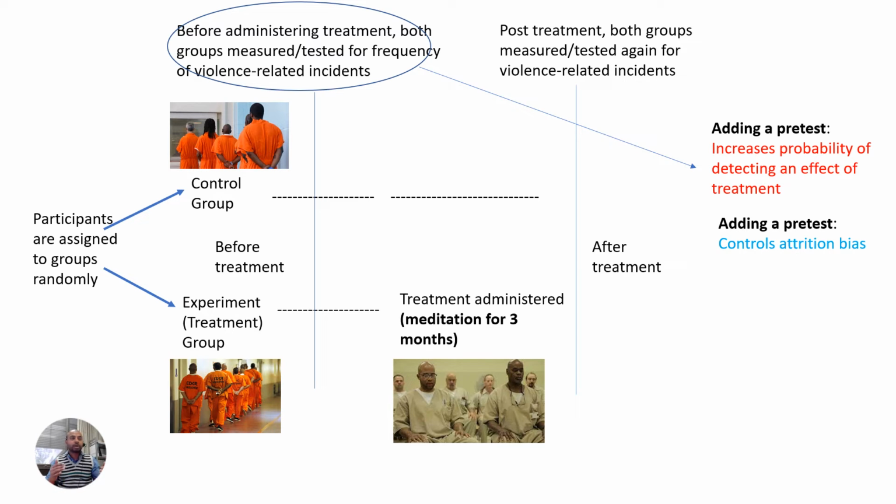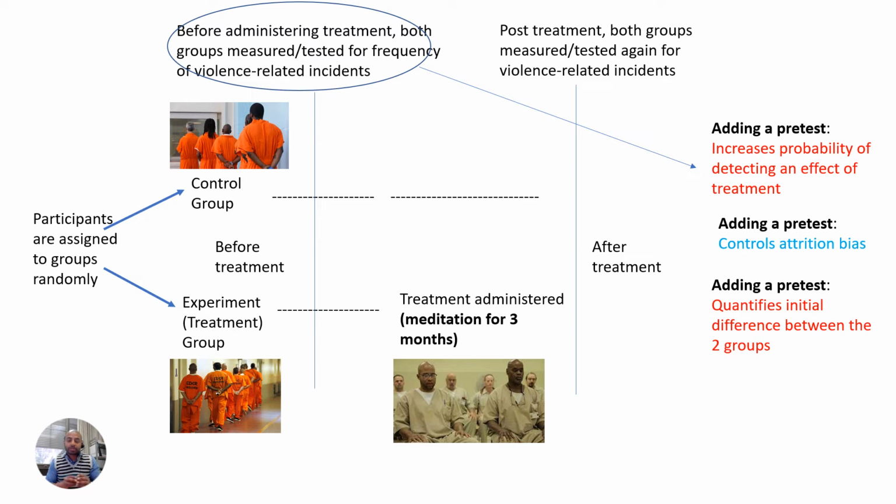You don't know what kind of baseline data the remaining participants have, because otherwise when you administer the meditation treatment, you will not know the difference. Collecting the baseline data helps you to determine where each of the participants lie. So even if you lose some of the participants, that's fine. You can administer the treatment to the remaining participants, knowing that you have baseline data about them, and then after treatment you can get post-treatment data about them and do a comparison.